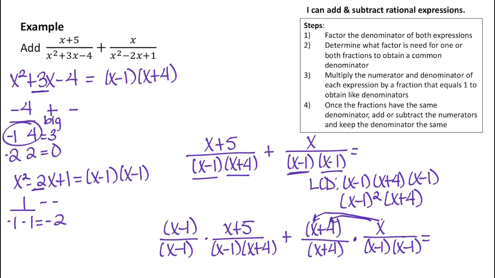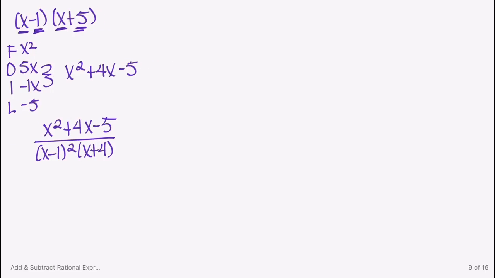So x times x is x squared, and then we have that plus 4x. And that is going to be over that common denominator, x minus 1 squared times x plus 4. So let's put this all together. So we have plus x squared plus 4x over our common denominator.